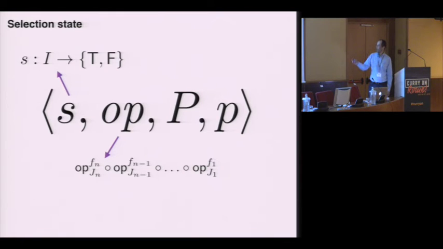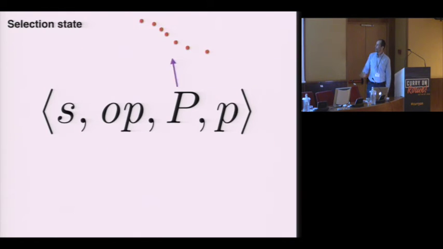So at any time, if you want to ask what's the selection state of an ith element, we apply op to S to first get the current selection state, and then we get the selection state of the element i. P is the current selection path, and the lowercase p is the keyboard cursor, which often happens to be the last element of the selection path, but it doesn't have to be.